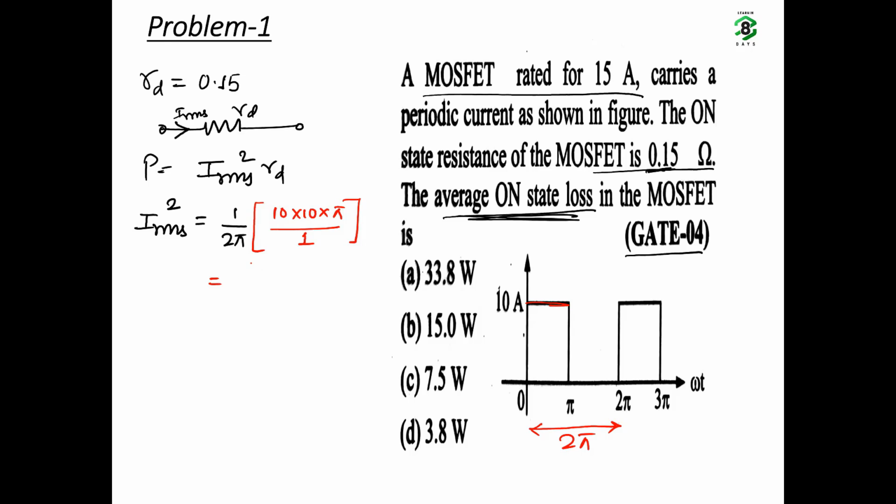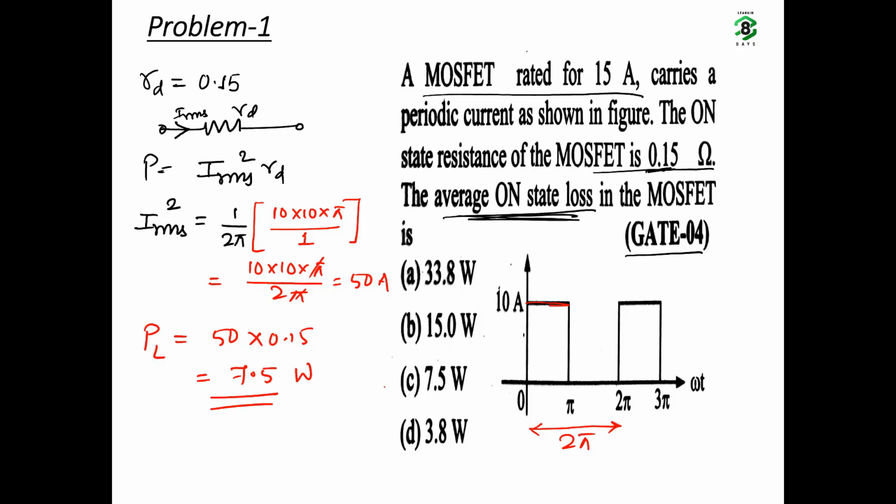How much will it be? 10 into 10 into pi by 2 pi, which gives 50 ampere square. So I RMS square is 50. What will be the power loss? I RMS square is 50, RD value is 0.15, that is 7.5 watt.